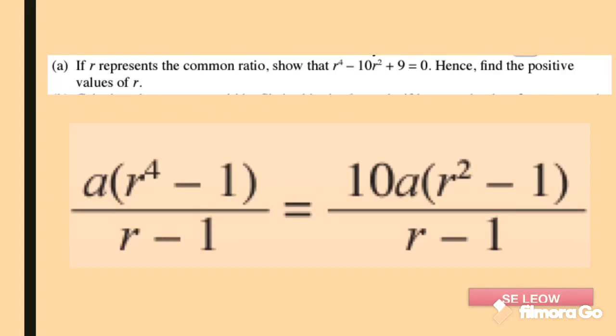So by using the Sn formula, Sn equal to a(r^n minus 1) over r minus 1. Alright, then you follow the sentence. Then you write down the formula.